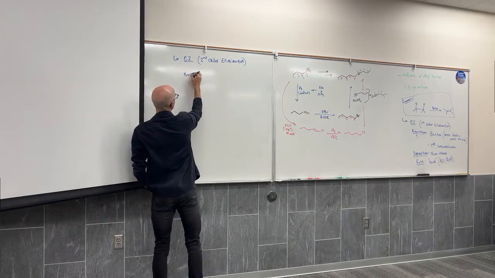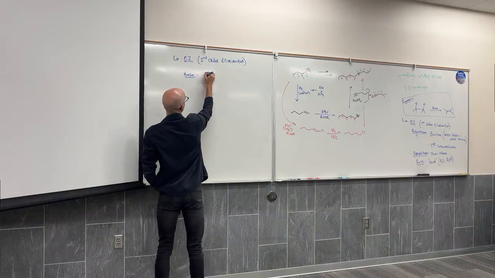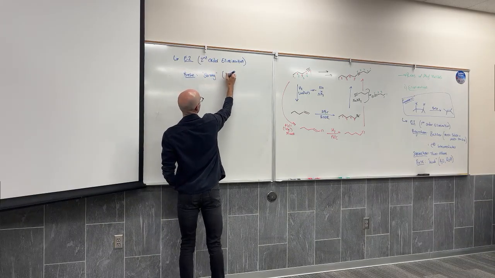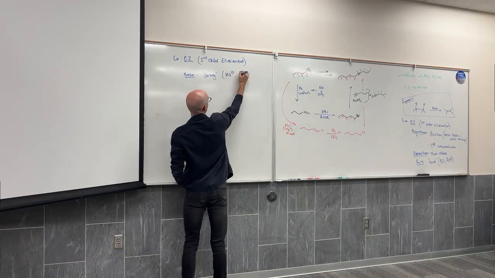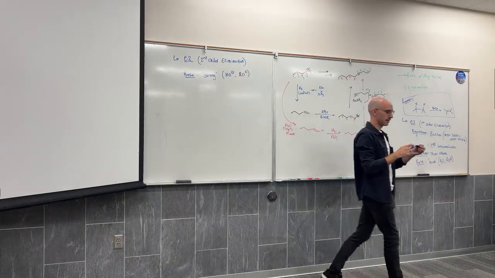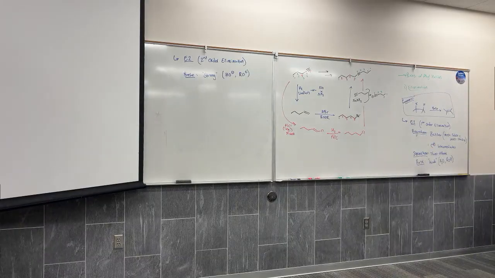We're going to look at the base, and we're going to say that this is a strong base. And that's things like hydroxide and alkoxides. Alcohol's conjugate bases, RO minus. It's not an oxide because it's attached to an alkyl group, so it's an alkoxide.